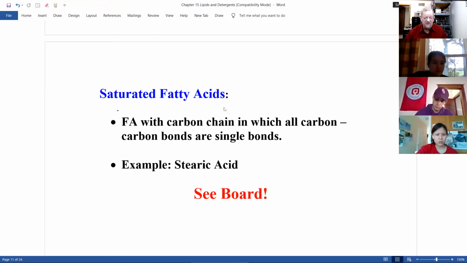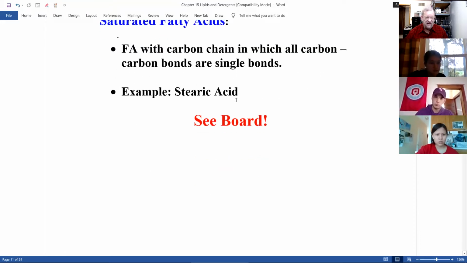And it turns out Mother Nature always makes even-numbered fatty acids. There's no odd number and there's no branching either. Saturated, and here this means a fatty acid, is a carbon chain in which all carbon-carbon bonds are single bonds.